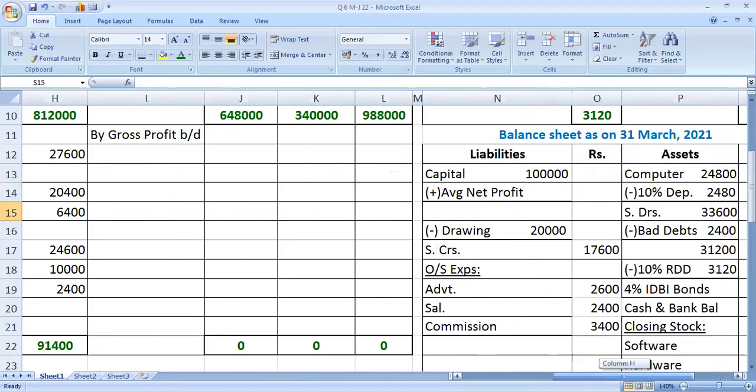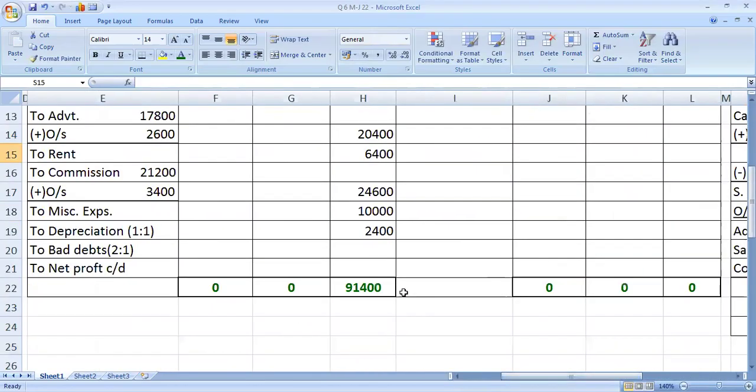Second effect goes to the profit and loss account debit side, depreciation 2,480. Equal distribution in the ratio 1:1, that is 1,240, 1,240, same for both departments.